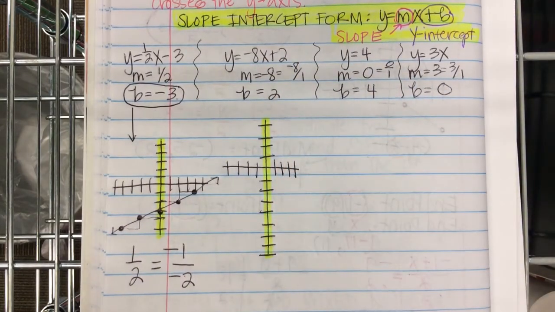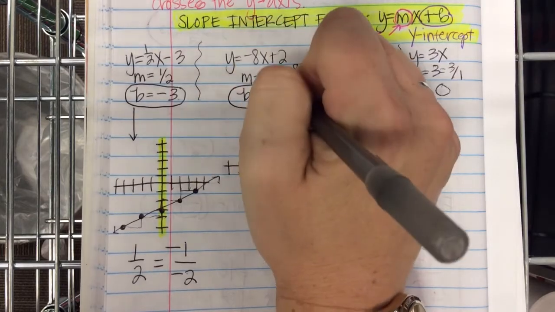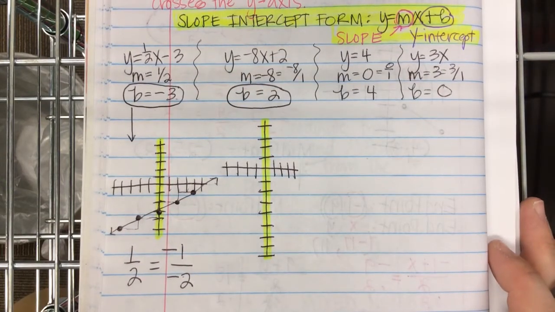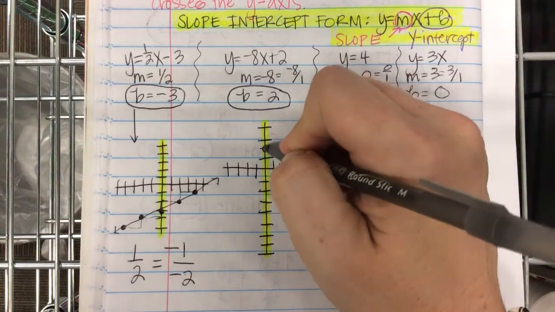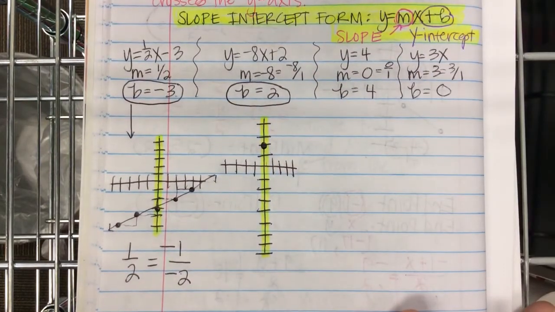It's the same procedure that we did on the last one. I'm going to start with the y-axis, the y-intercept. The y-intercept is 2. So I go up 2 and put a dot. That's my beginning point for our line.